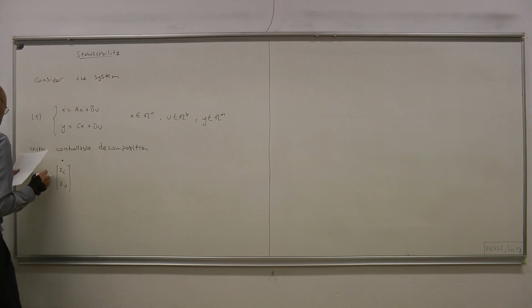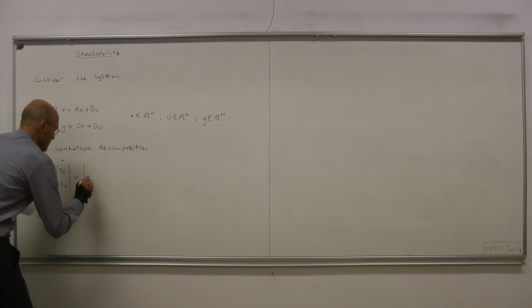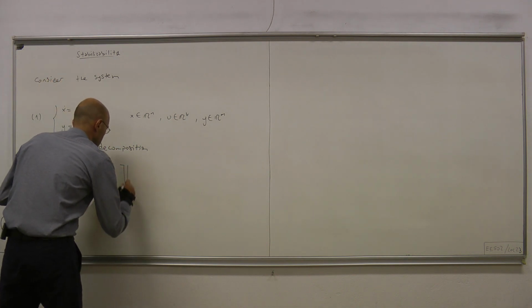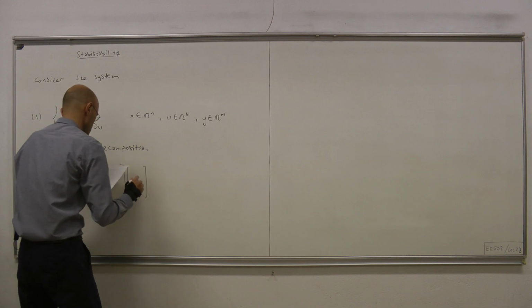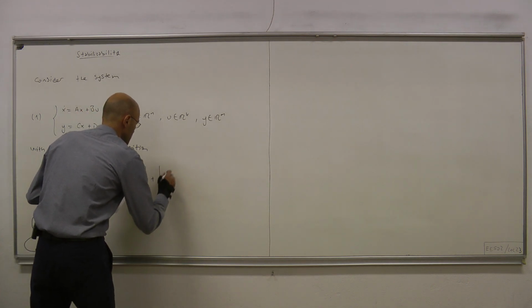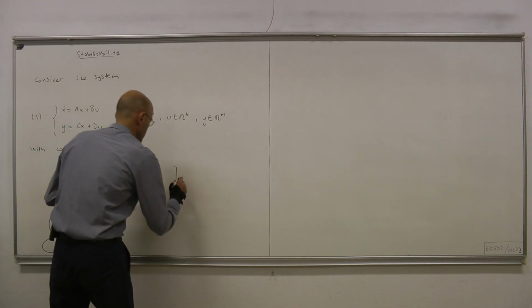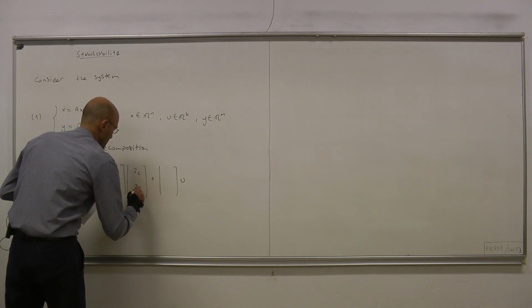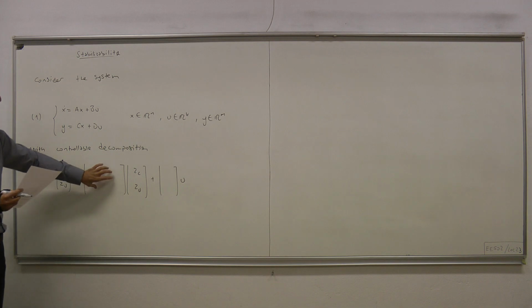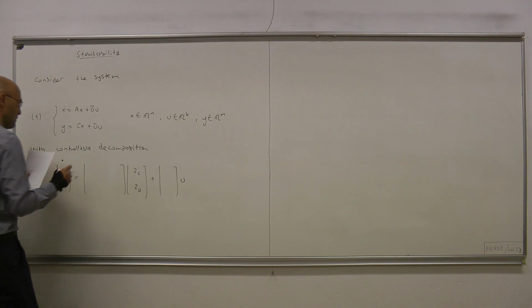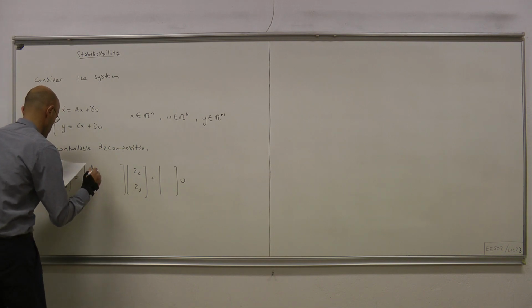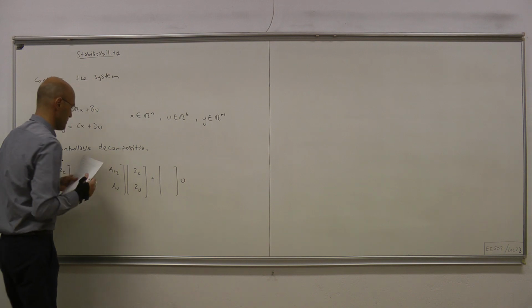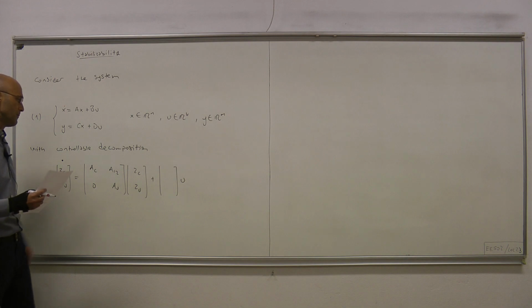So this vector Z dot equals the A bar matrix times Z plus the new B bar matrix times u. Here we have Z_C, Z_U. The new A matrix has the following structure: A_C, A_12, 0, and A_U. It's upper block triangular.